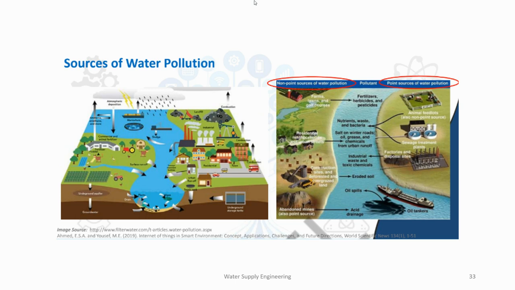So let's see one by one the sources of water pollution. So as you can see, there is point source of water pollution as well as non-point source of water pollution.